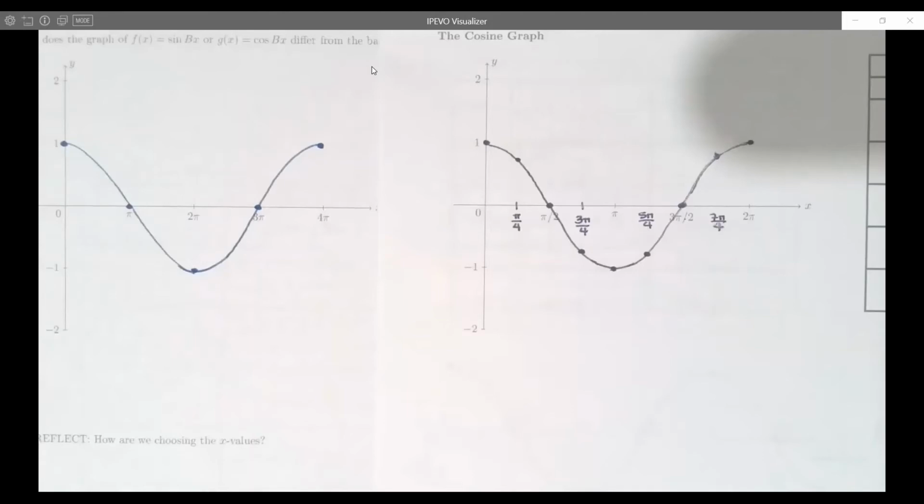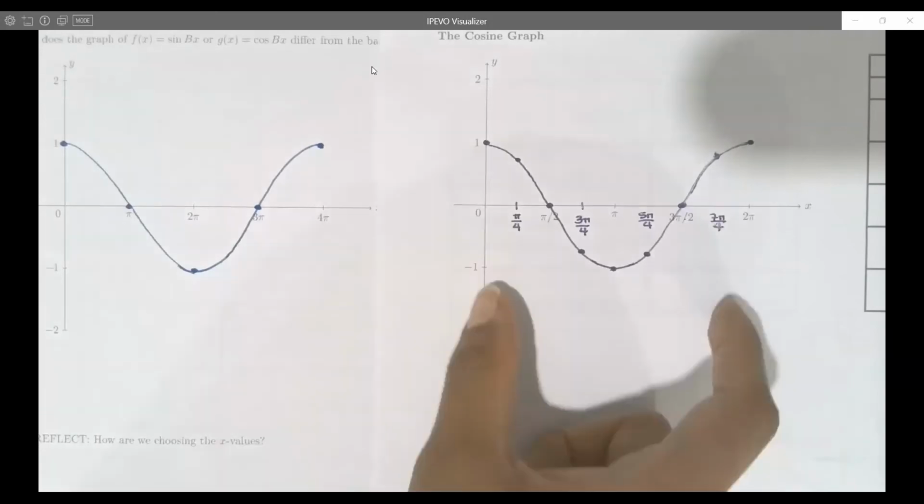It seems like it's the same, but there's actually something that's very, very different. I'll give you a hint. Look at the tick marks. Yeah, it is longer, Kevin. It takes longer to complete one cycle, right?